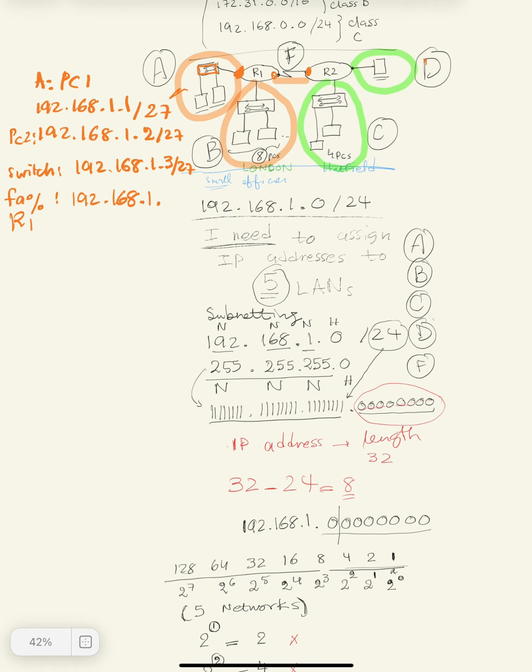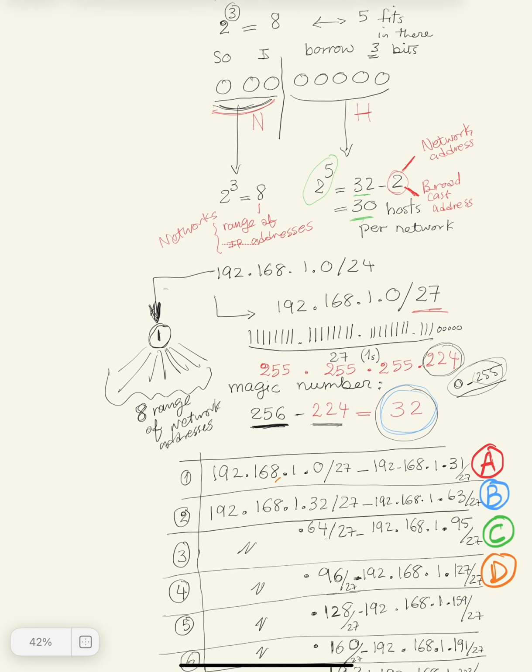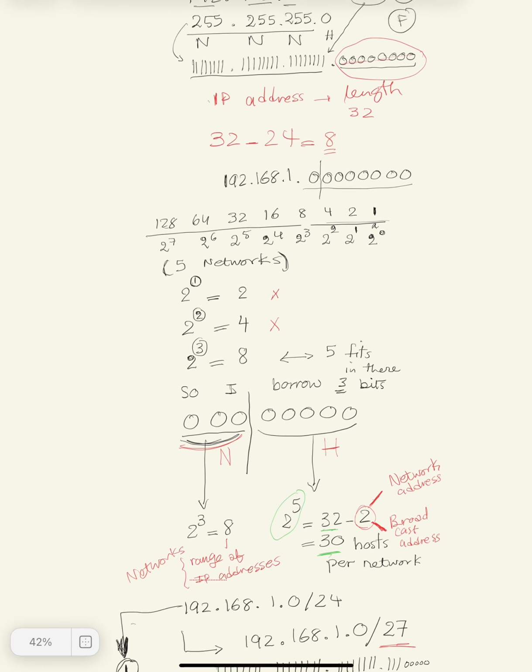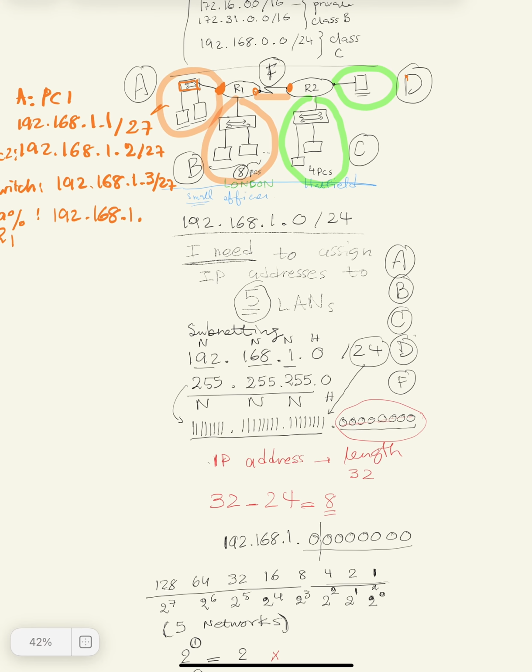I'm going to go with the largest number in that range. The largest number in that range is 1 before 31, because 31 is the broadcast address. So I'm going to give 30 in there. So here I have given IP addresses to all the devices in my network A.